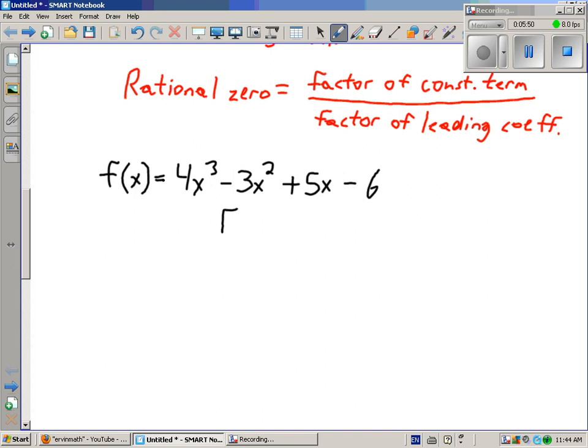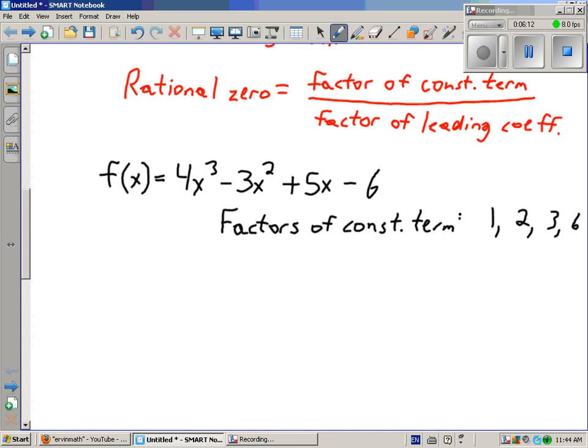So let's see what the factors are of that. Factors of the constant term are going to be 1, 2, 3, or 6.